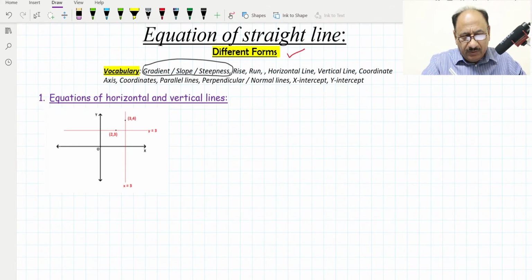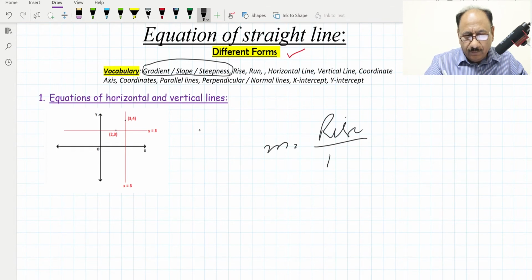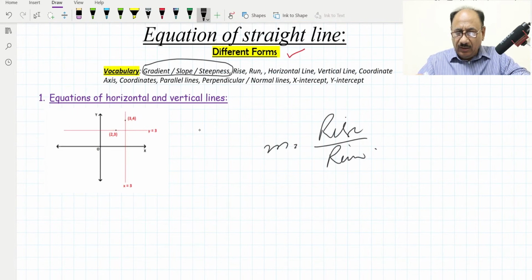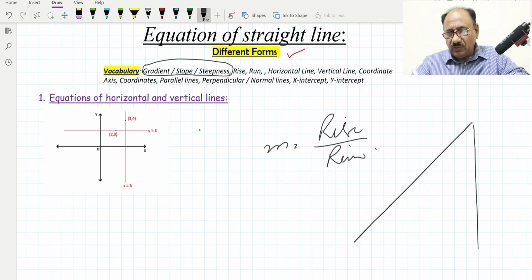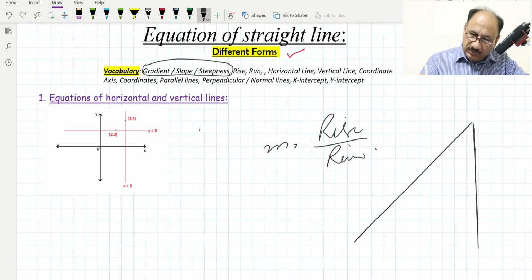Then gradient, we know, m is equal to rise over run. For example, if we have a line like this one, the rise is this side, and the run will be this side.